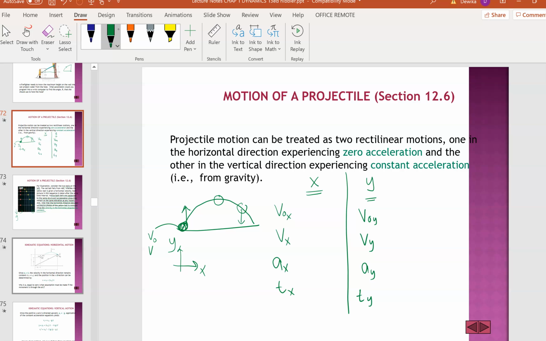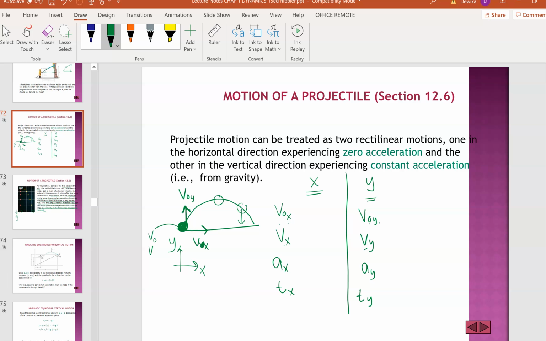Like what I've told you, these two are independent of each other. If you look at this ball here, at this position, it has two components. One is the v naught y component, and then this is the v initial x component.